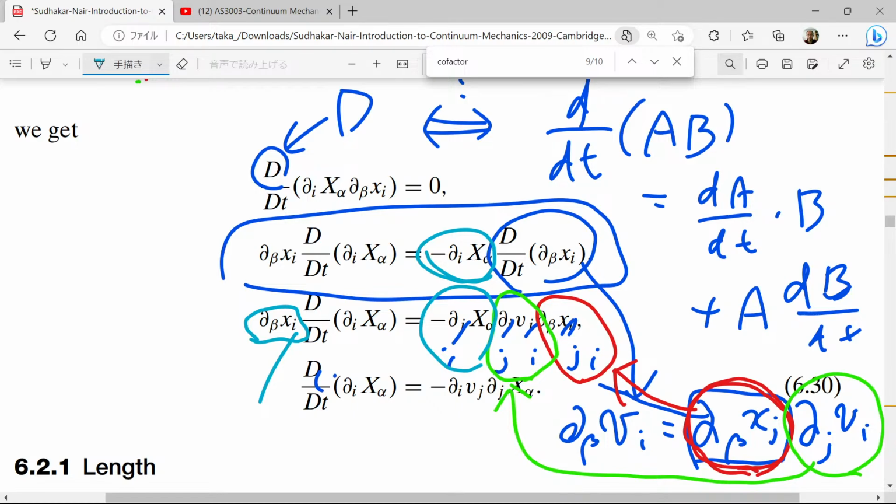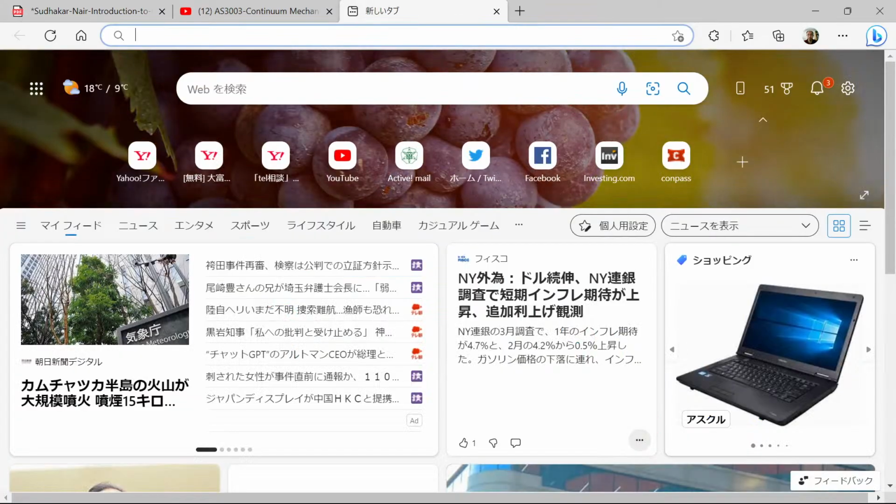Then this is not. This is very strange. I should rewrite this maybe. So let me rewrite it.